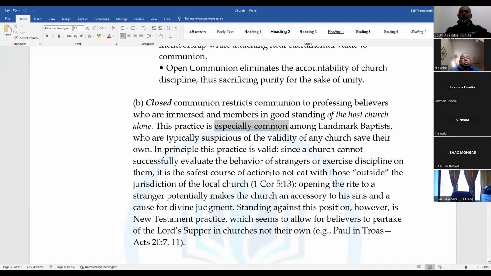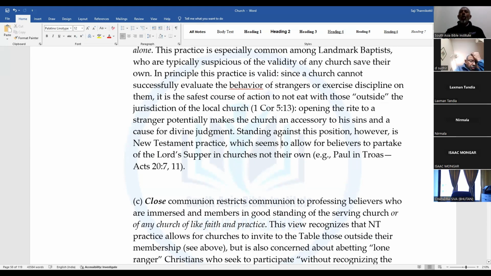It is the safest course of action not to eat with those outside the jurisdiction of the local church. All right? It is not safe to eat with those outside. So that is what closed communion says. So they give this to only the members of the church. Only the members of the church.